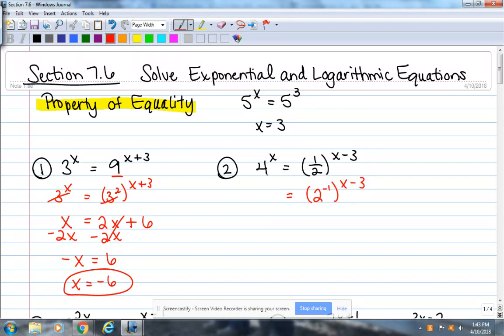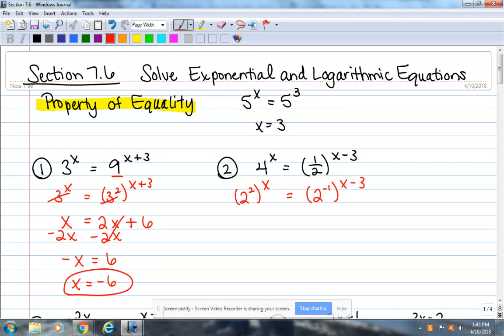And 4 is the same thing as 2 to what power? 2 squared. So this way, those two have the same base. So you want to look for a base that they both could have in common. So remember, a fraction is just to a negative power, and 4 is 2 squared.